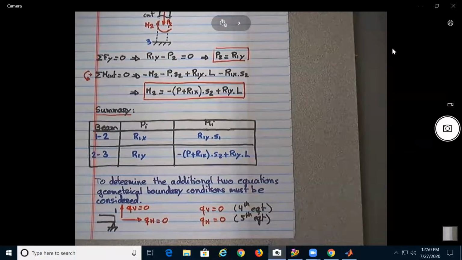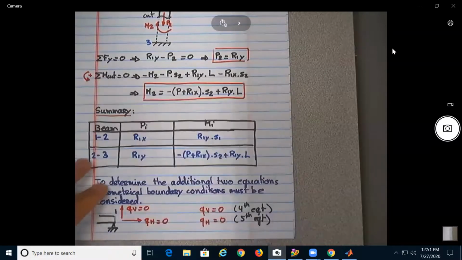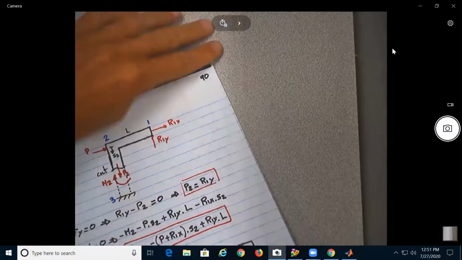All right. So now, what do we need to do? We need to solve QV equals 0, QH equals 0. What is the equation we're going to use in order to find the deformation? It's going to be Castigliano's equation, okay? So, page 91, there's no way we're going to finish this problem.